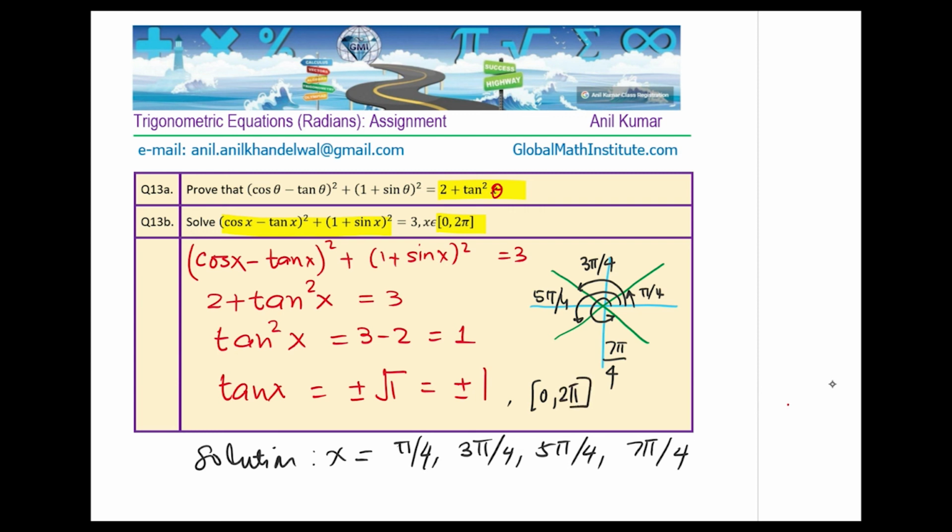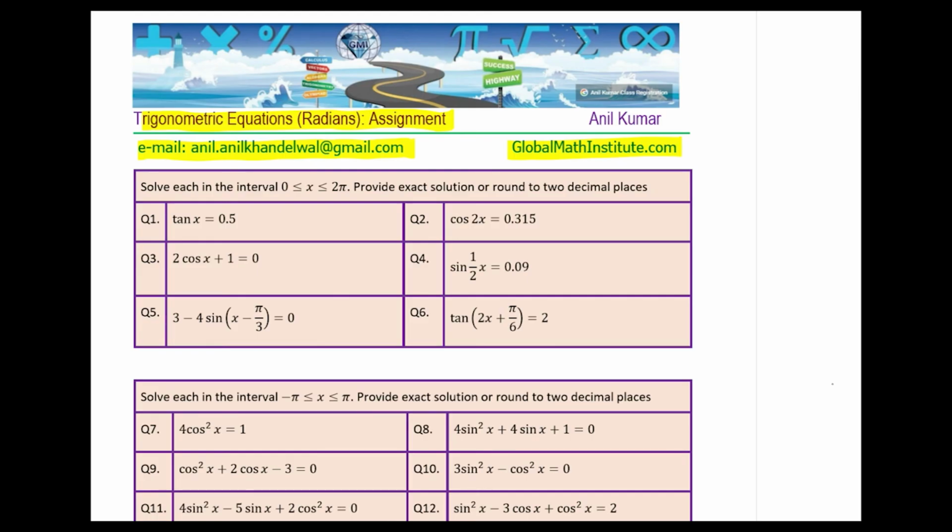So with that, we come to an end of this very important video where we are working with solving trigonometric equations using radians. So we began with simple questions, just finding the angle within 0 to 2 pi for one expression on the left side equal to a constant.